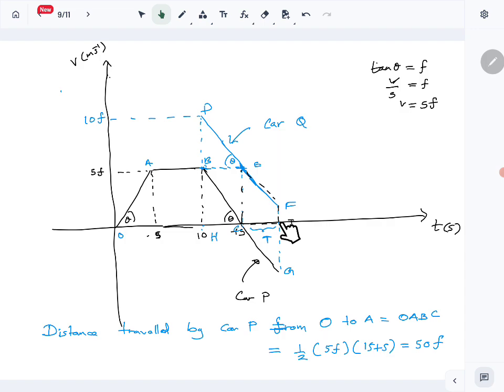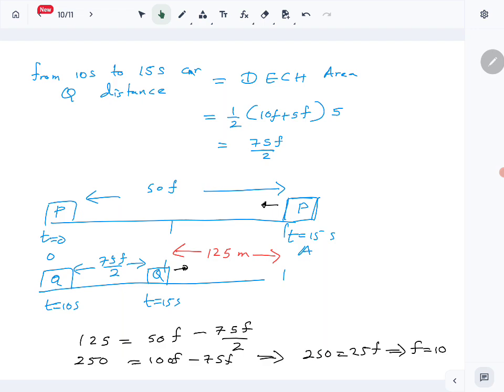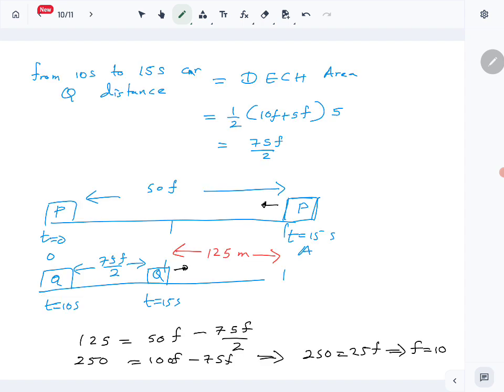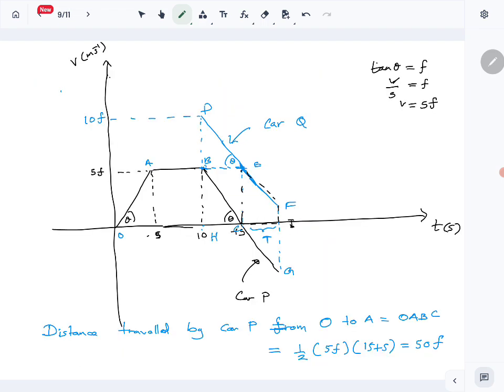So CIG, that gives you what? Black area, no? Black curve is car P. So CIG triangle area is car P area. CIG area, both together has to be equal to 125, right? So now let's write them.